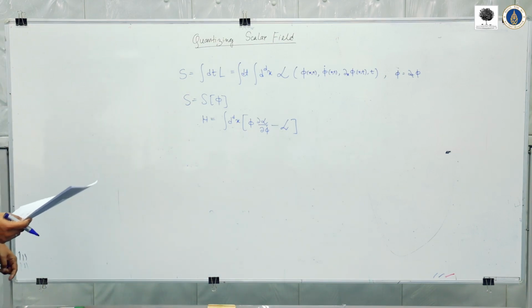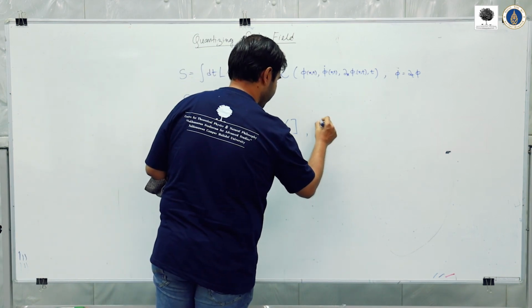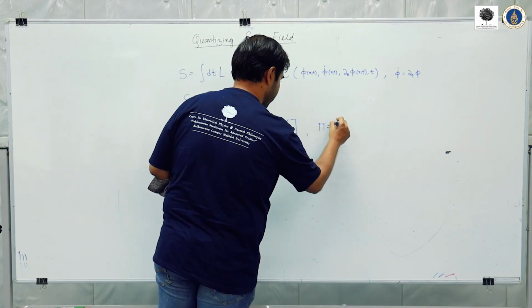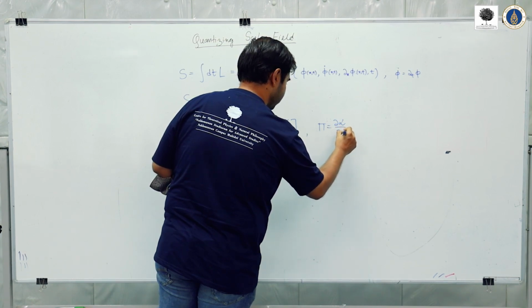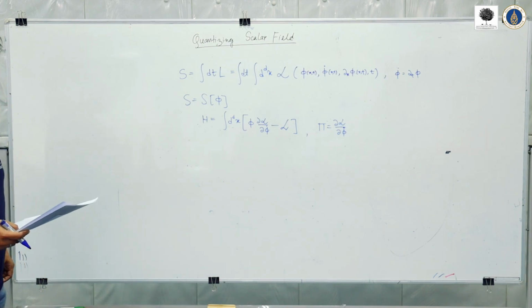Minus the Lagrangian density. Okay. And it is customary to write the momentum corresponding to this field variable as pi. Okay.